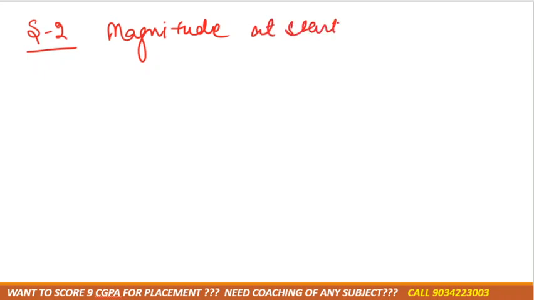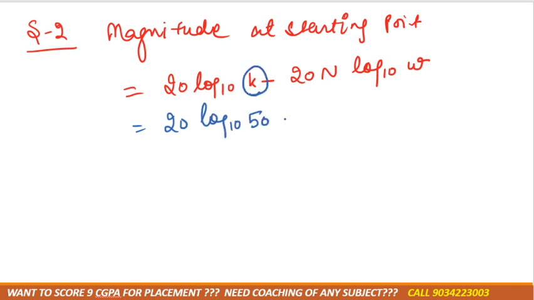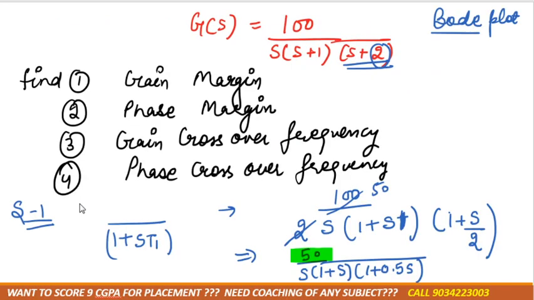Okay. Then in the next step, step number 2, we need to calculate the magnitude at starting point. Right. So the formula for that we will have 20 log base 10 K minus 20 N log base 10 omega. K is how much? We got it as 50. N is how much?